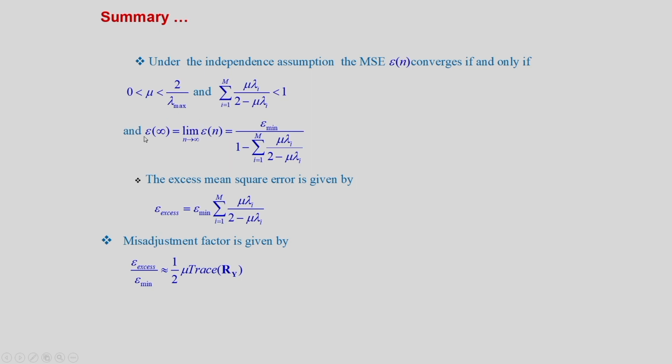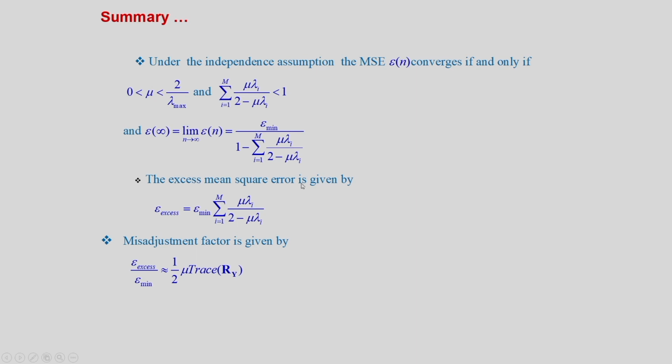And under this situation, the mean square error at infinity is given by epsilon min divided by 1 minus the summation of mu lambda i divided by 2 minus mu lambda i, going from 1 to m. Here epsilon min is the Wiener filter mean square error.